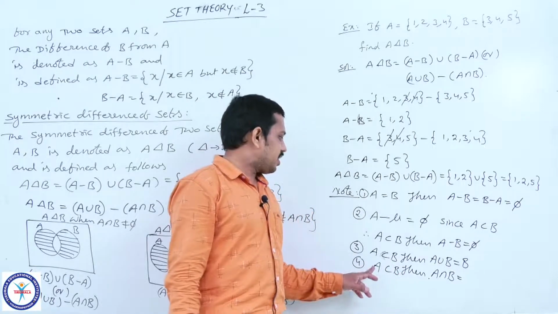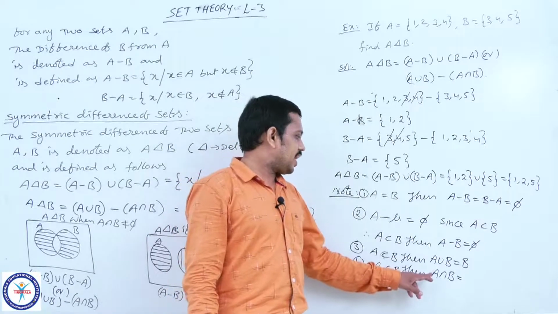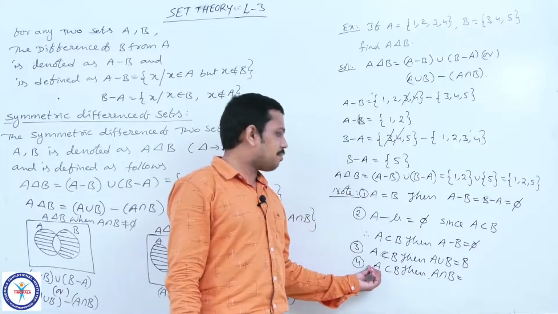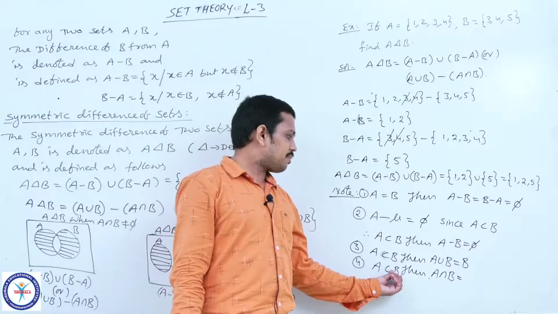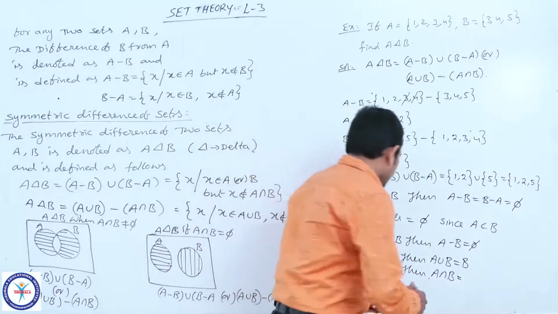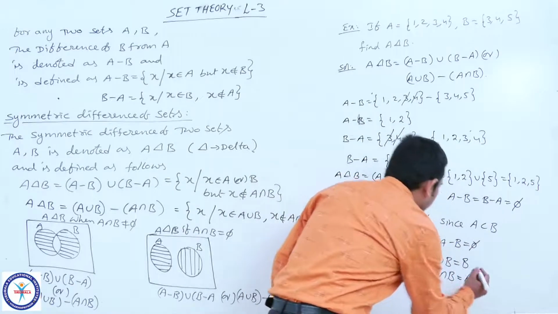So every element of A is also common in B. Therefore A intersection B is equal to A.